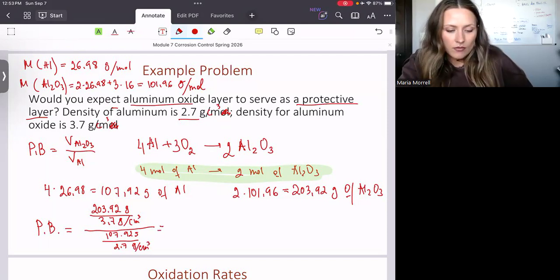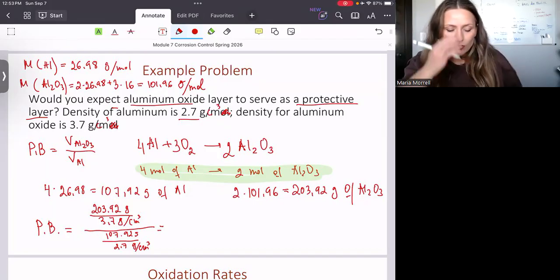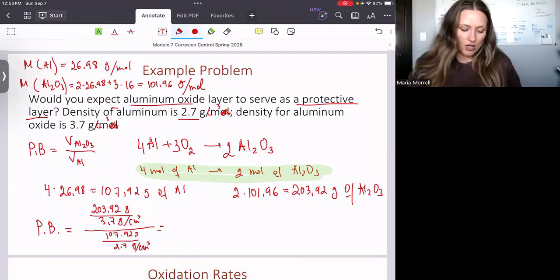Now I would like to estimate it with you. So I will have 203.92 divided by 3.7, and then that number divided by 107.92 divided by 2.7.